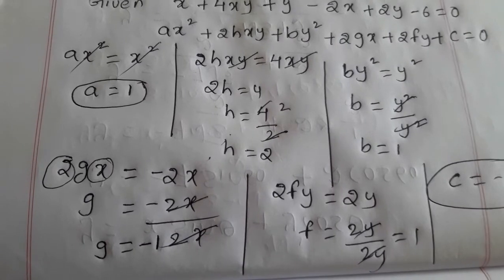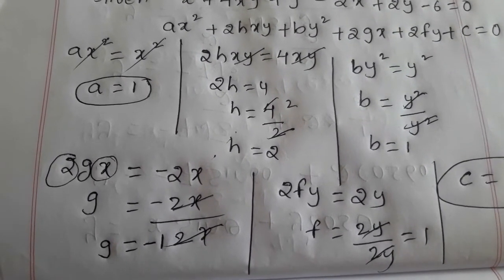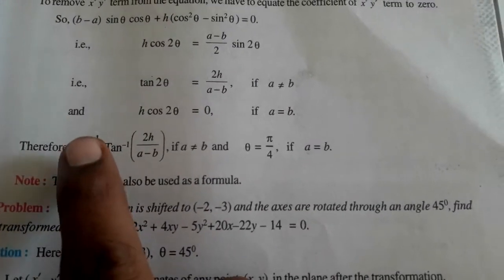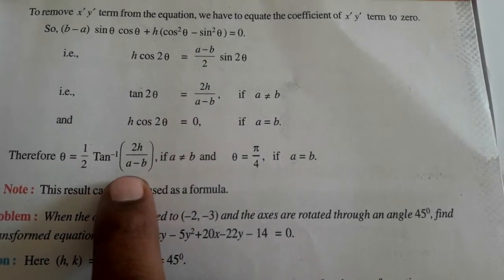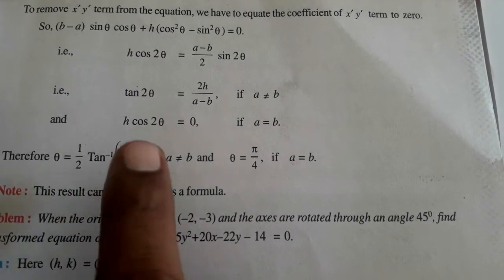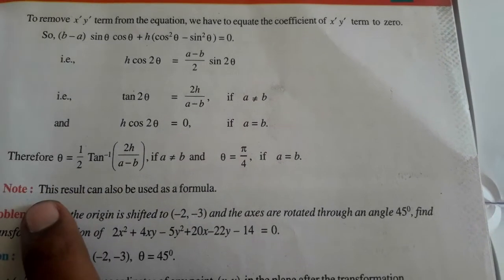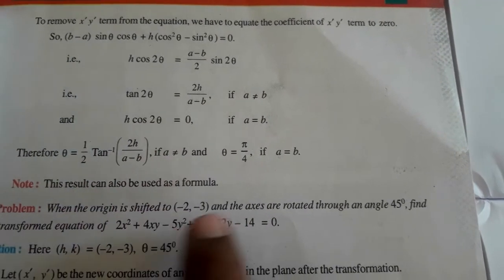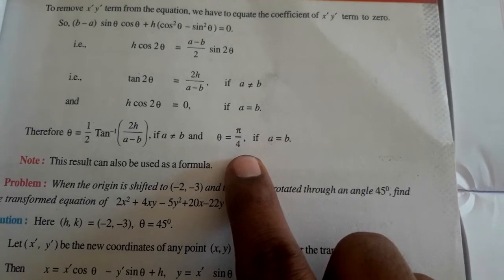Now we will see the formula. By using that formula we are going to find out the angle. Theta is equal to half tan inverse 2h by a minus b, if a is not equal to b. If a is equal to b, directly we can write theta is pi by 4.